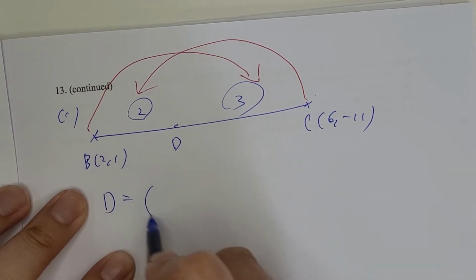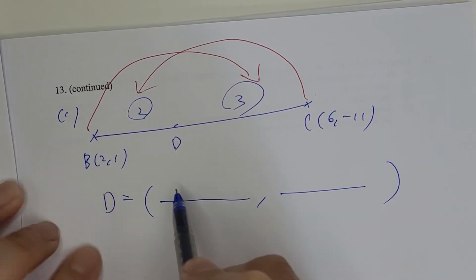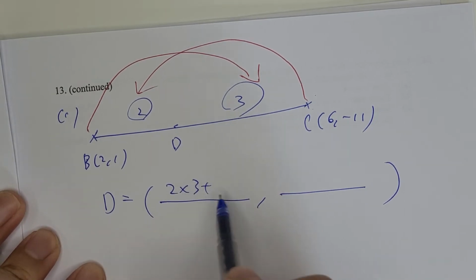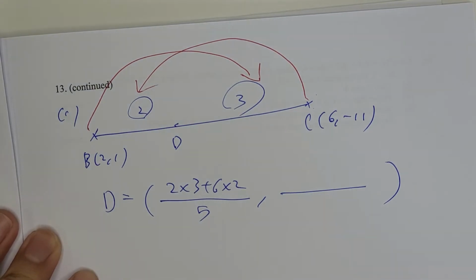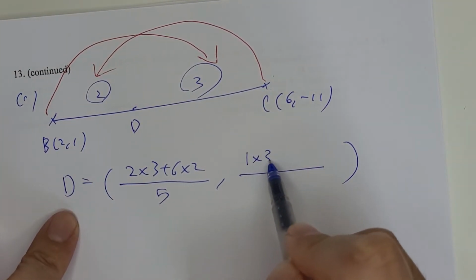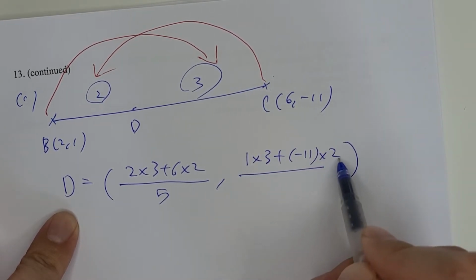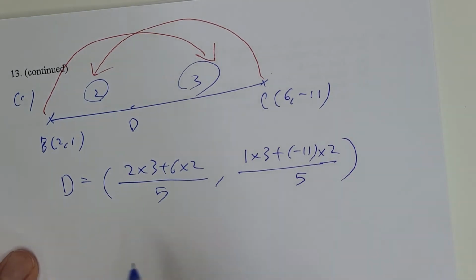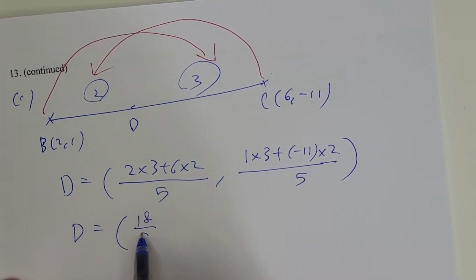So D would have the coordinates: x coordinate of B times 3 plus x coordinate of C times 2, over 5. And next, y coordinate of B is 1 times 3 plus y coordinate of C times 2, over 5. That would be (18/5, -19/5).